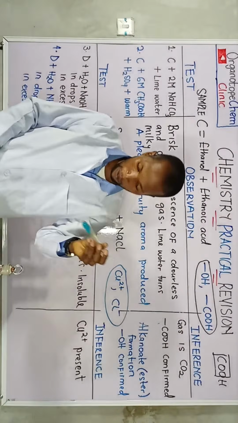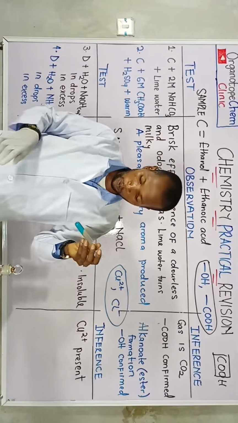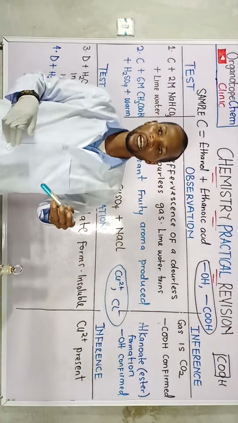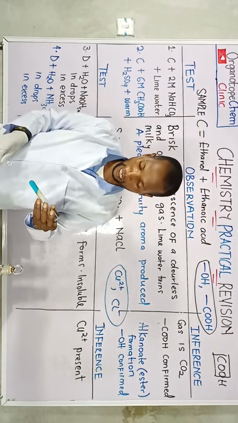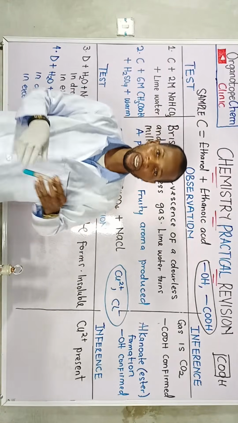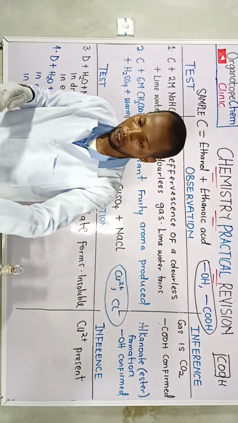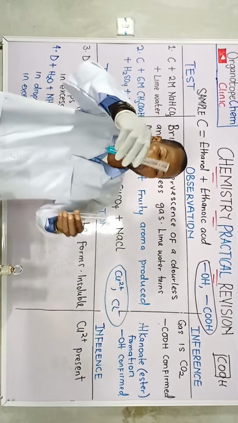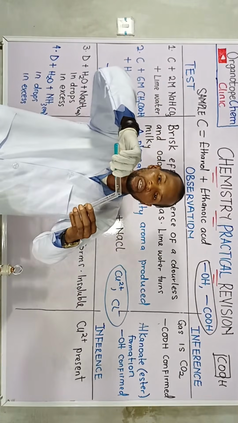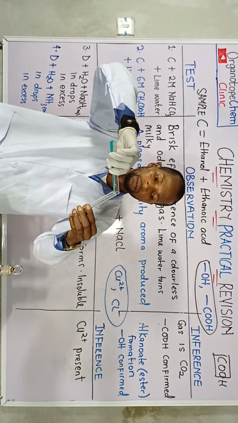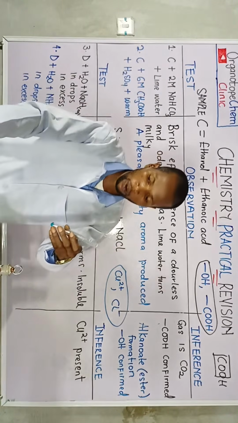Add aqueous ammonia dropwise and then in excess. All right, let's take the small portion. So we are going to take a small portion from the solution of the sample D. Okay, here is the small portion.